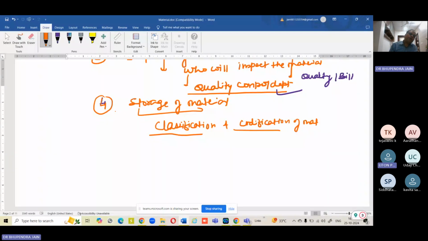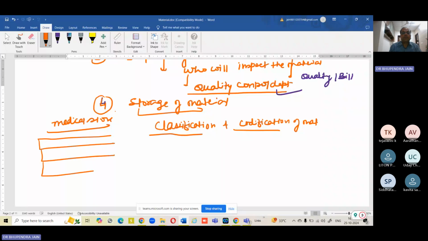If you have seen a medical shop, a medical store, or you just watch, a medical store has already classified all the material according to the salt of the material.